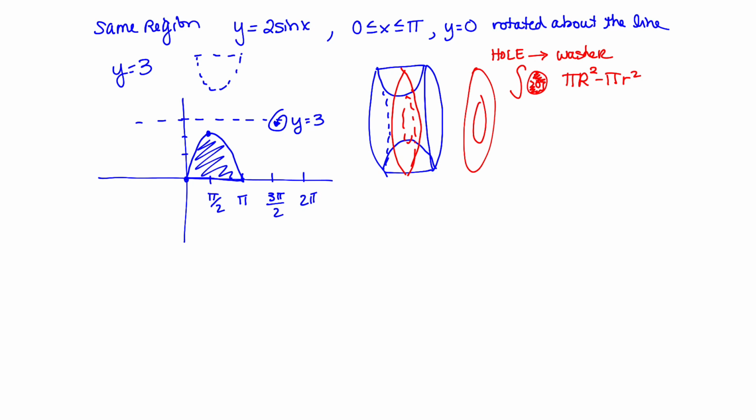That's the cross section. Now I am going to put a little note: big R and little r are both measured from the axis of rotation.